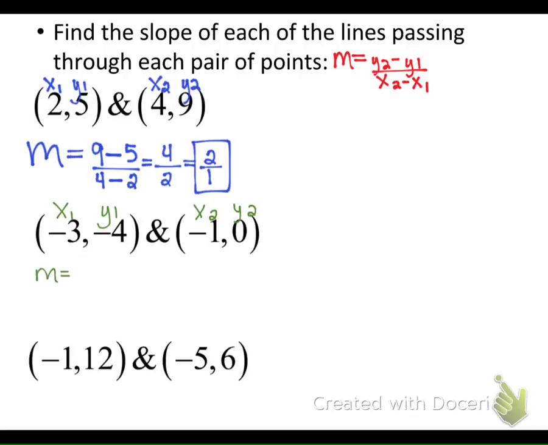Now I look back at my formula for slope. I use y2 minus y1. What's the number that is for y2? 0. So 0 minus, okay, what's y1? Negative 4.